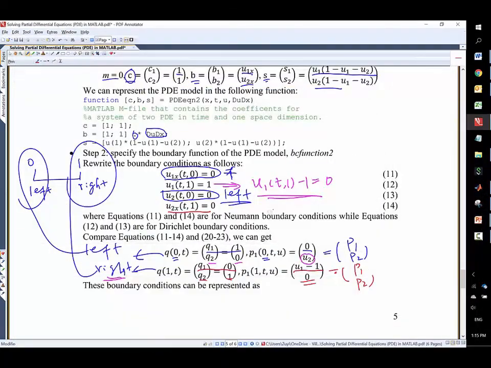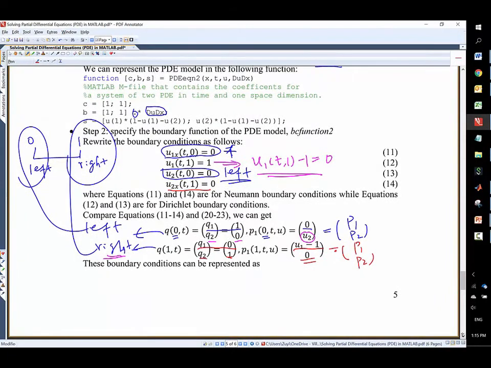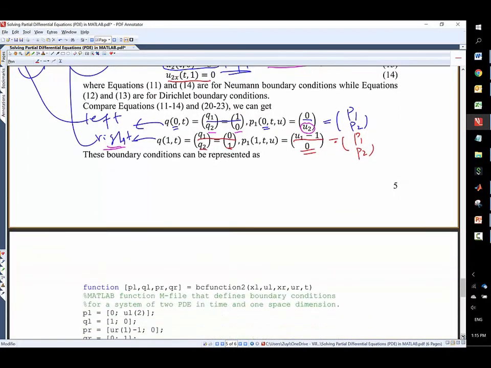Okay, now let's type in the boundary condition function here.